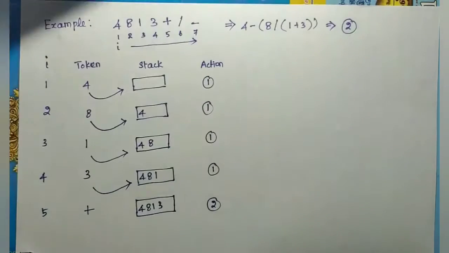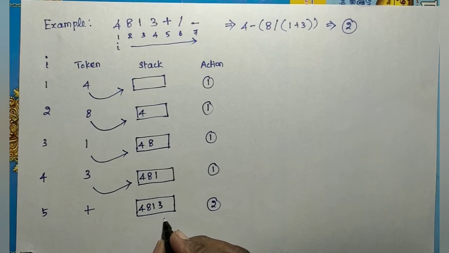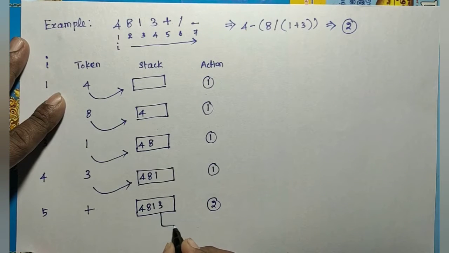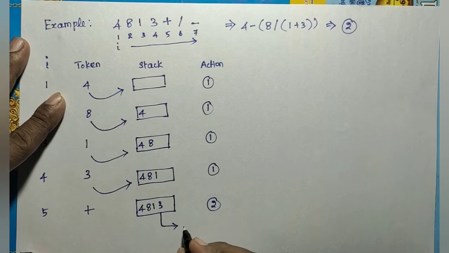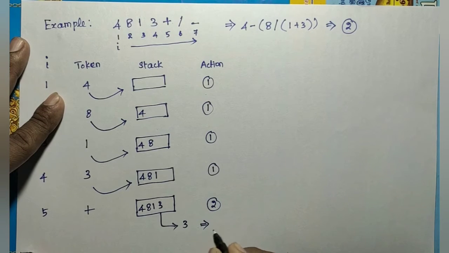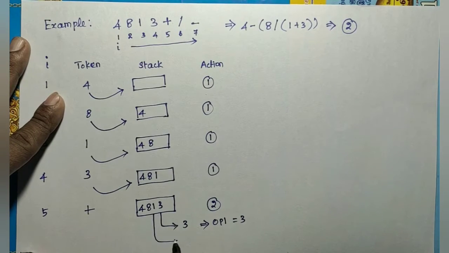That's a simple action. So if you are popping one element first, that is 3, it will be identified as OP1 equal to 3. Next, if you are popping another element, because the recently inserted is the first 3, next is 1.